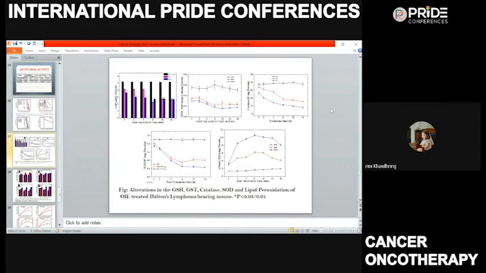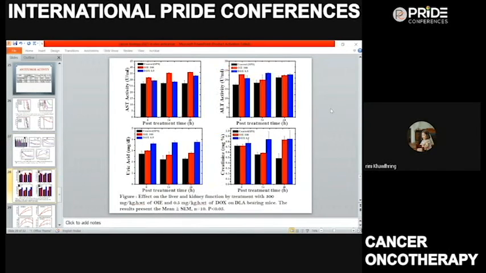And maximum lowering in case of GSH, GST, and catalase was observed at 6 hours post-treatment, and maximum increase in lipid peroxidation was also observed at 6 hours post-treatment.